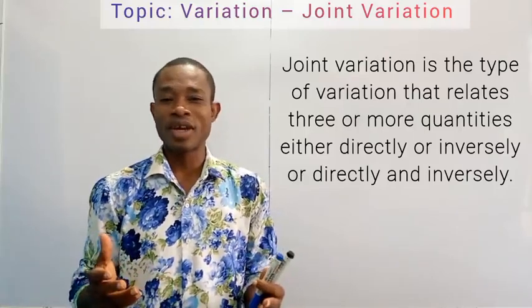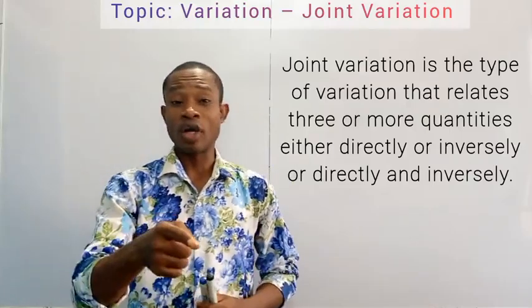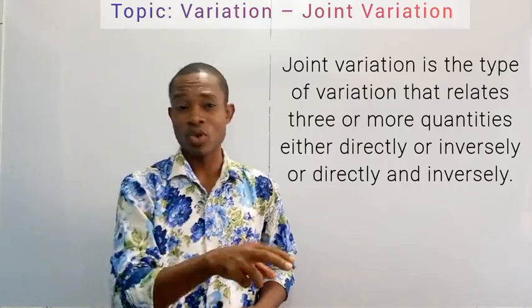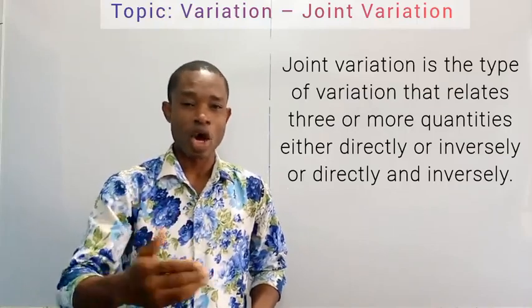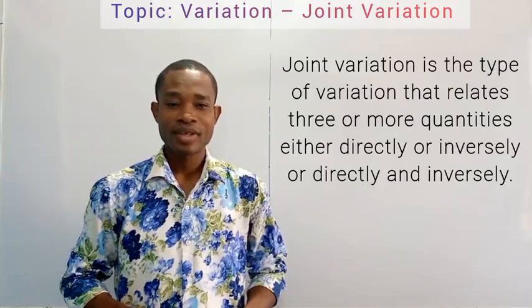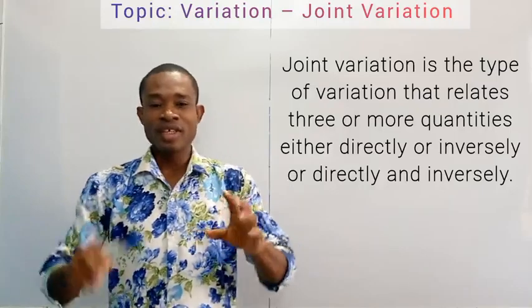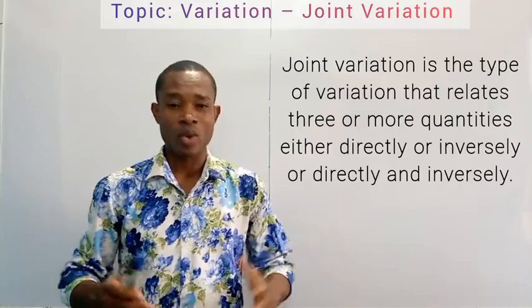So in this case, we are no longer dealing with the relationship between two quantities. You will recall direct and inverse variation deal with the relationship between two quantities. But joint variation now will relate three or more quantities. Another important point you want to pick from the definition is the way in which joint variation relates three or more quantities.